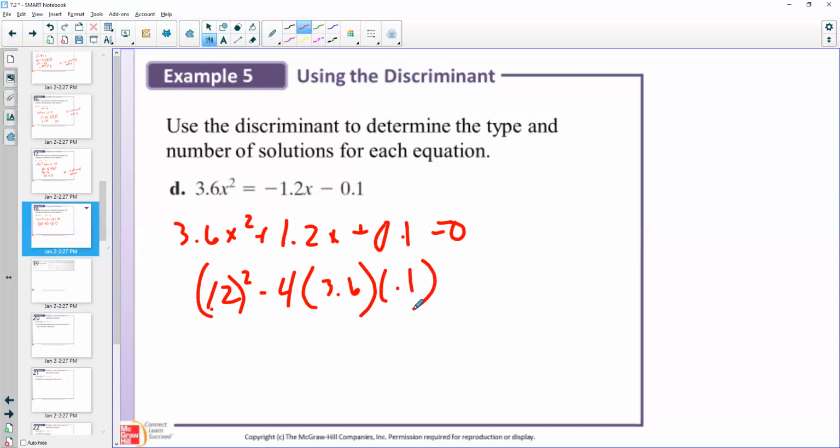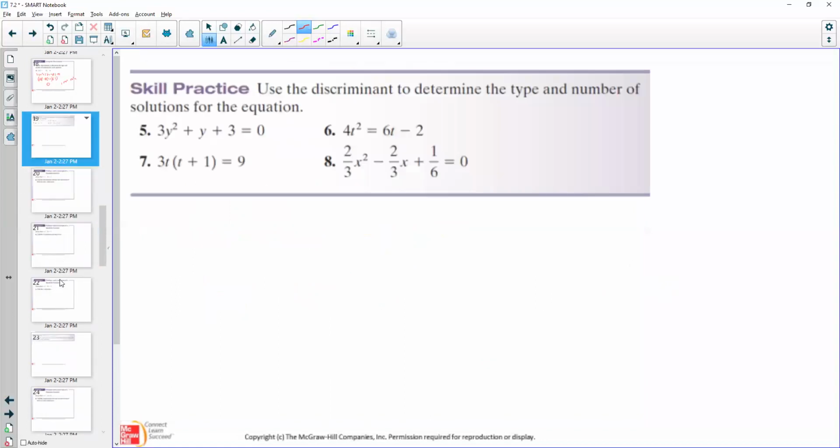When you calculate that all through, you're actually going to get 0. That means there is one rational solution. So you get the idea of how this works here. You can go through and try it, and you should. If you get stuck, you know what to do.